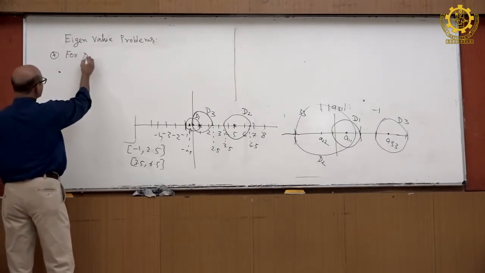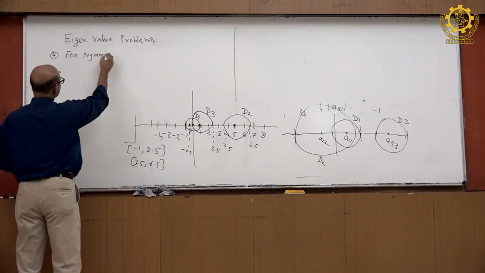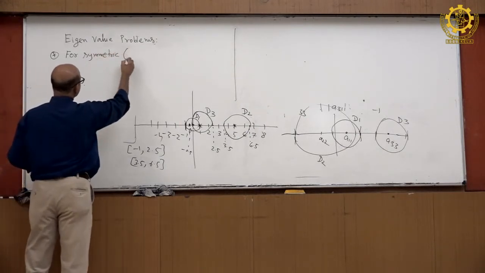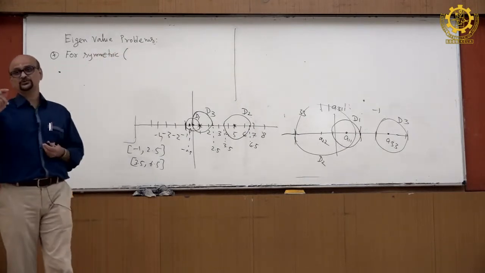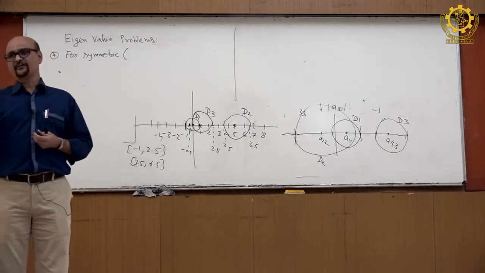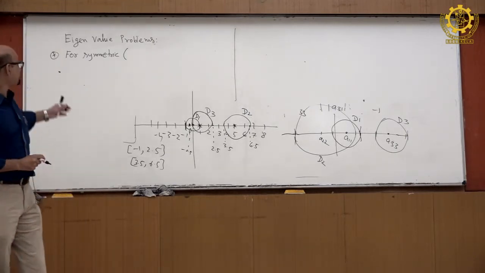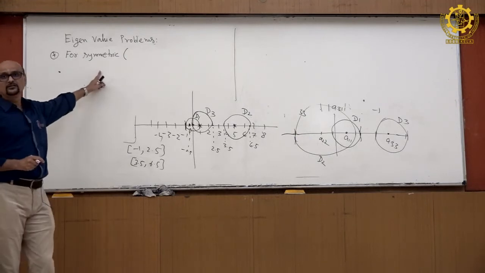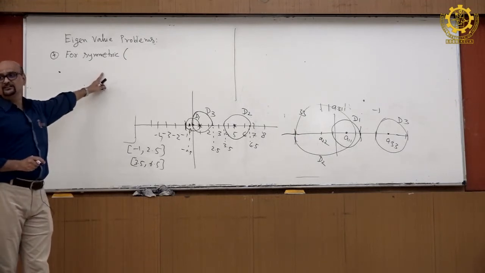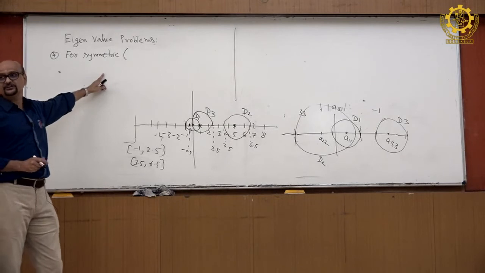For symmetric matrix, we have real eigenvalues. If complex, corresponding to symmetric, Hermitian.